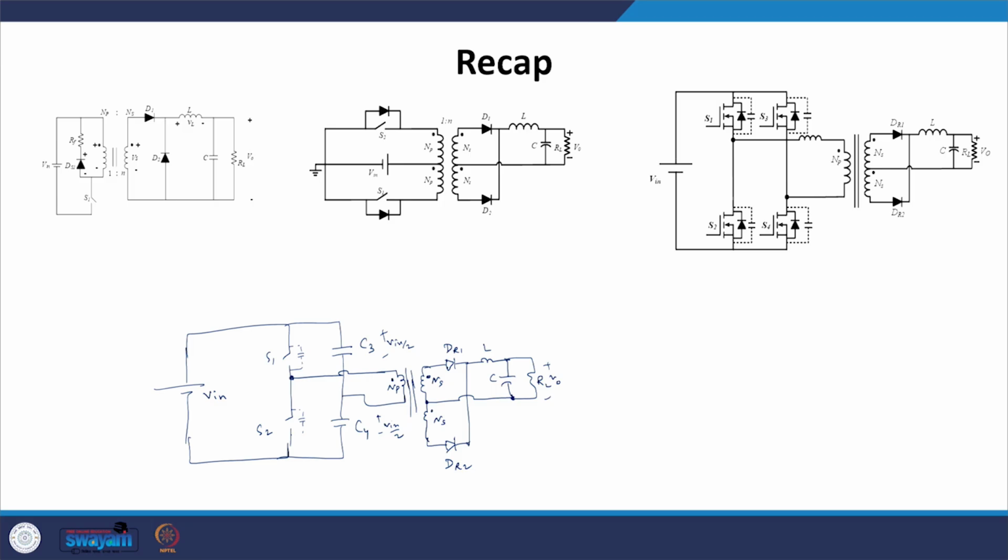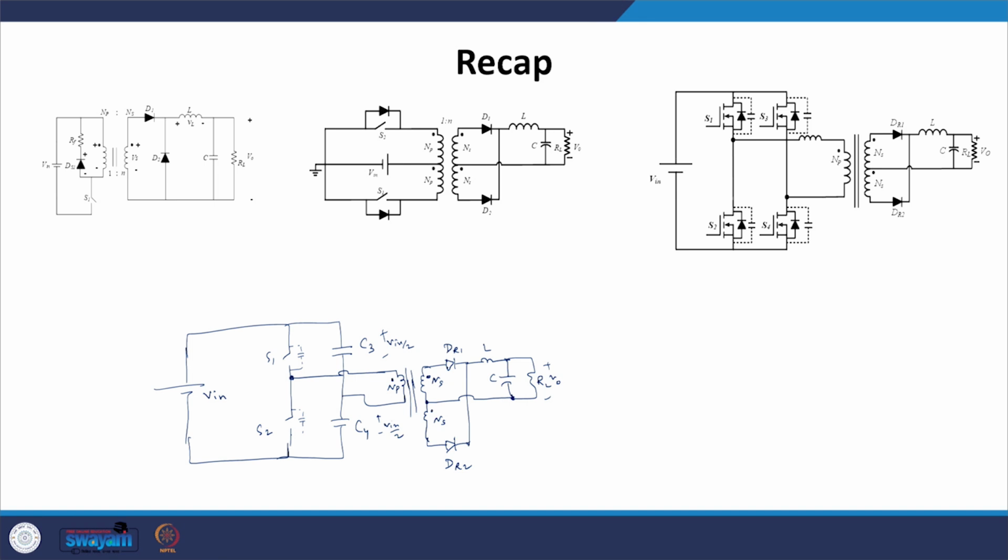We have discussed some of the isolated DC-DC converters, and in most of these isolated DC-DC converters we have DC which is converted to high frequency voltages, and that is applied across the primary winding, and accordingly we do the rectification on the secondary side and then get the output DC.